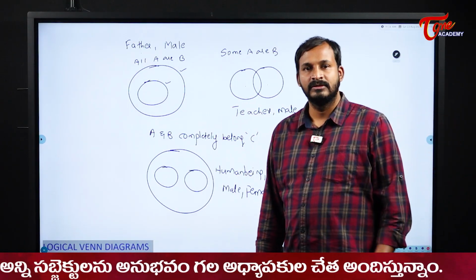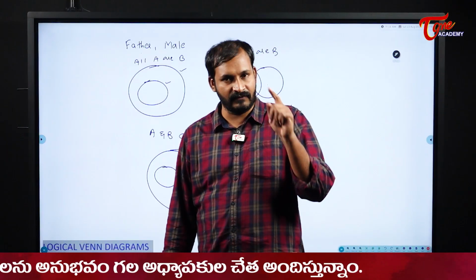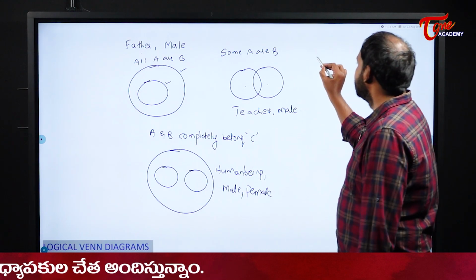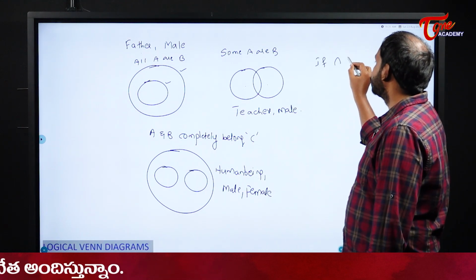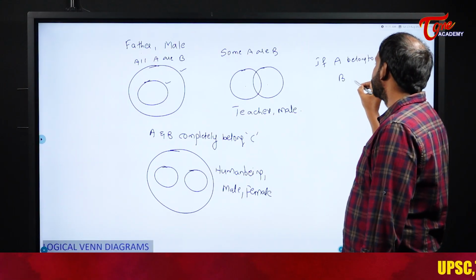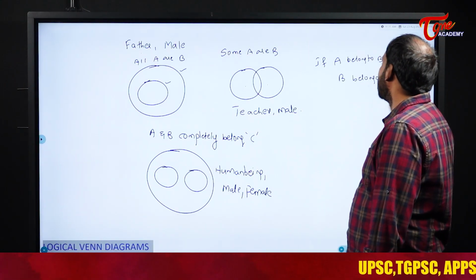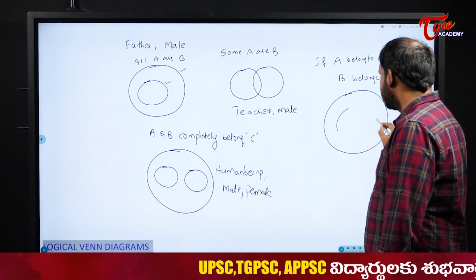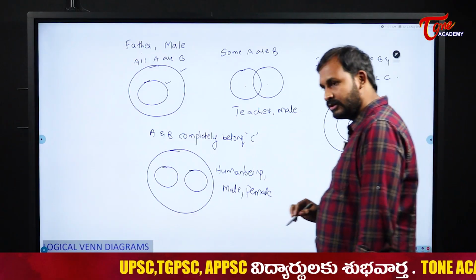Understood? Okay, if there are three elements, if A belongs to B and B belongs to C, then how will I write this? Please see here, first three concentric circles. I will try to draw this one.